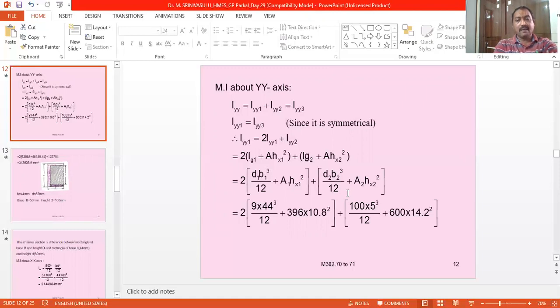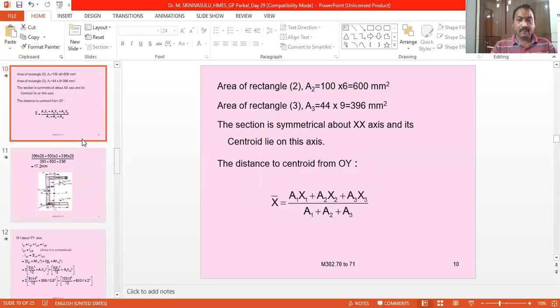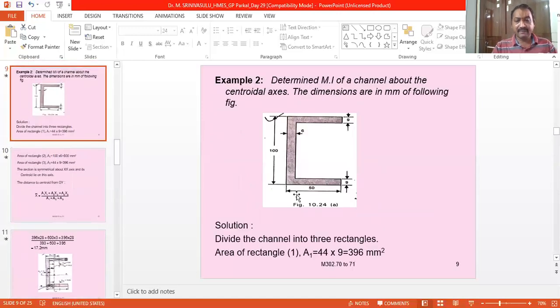So Ixx1 is equal to b1 into d1 cube by 12, plus Ixx2 is equal to b2 into d2 cube by 12, and Ixx3 is equal to b3 into d3 cube by 12. Here, what are b1 and d1? If you take the figure, b1 is 46 and d1 is 9.